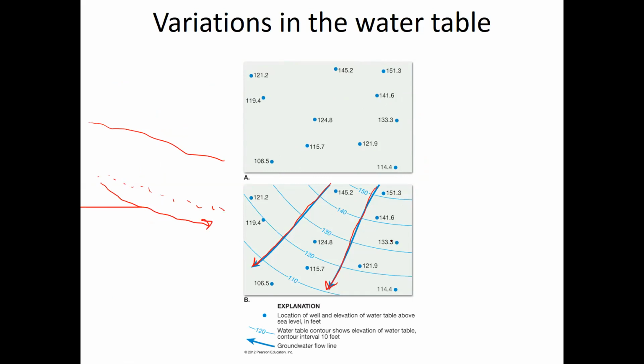So by mapping out the contours of the water table, that tells us which direction, and also gives us some information on how fast groundwater will flow. And that's important to know, especially if the groundwater is contaminated, or if we're worried about it potentially becoming contaminated, because we want to know where it is, because people could be potentially relying on this for a drinking supply.